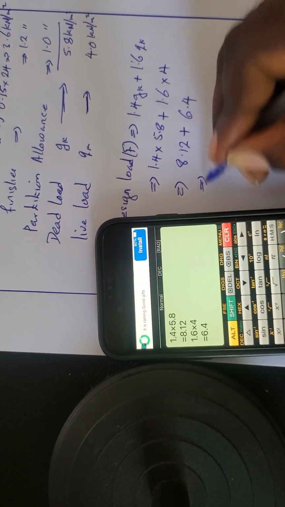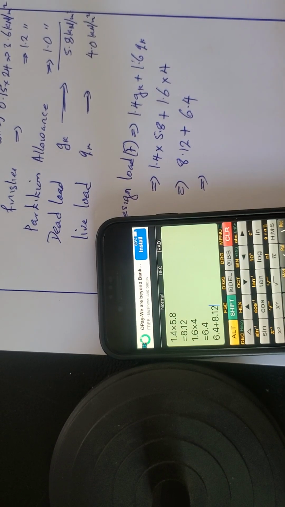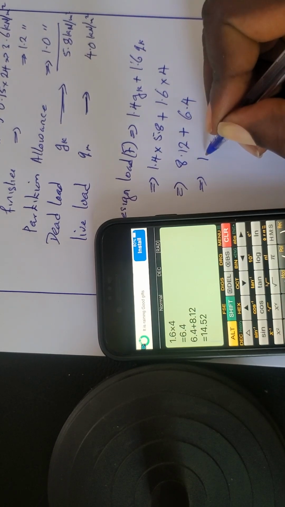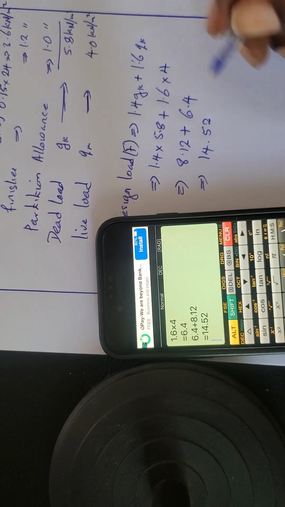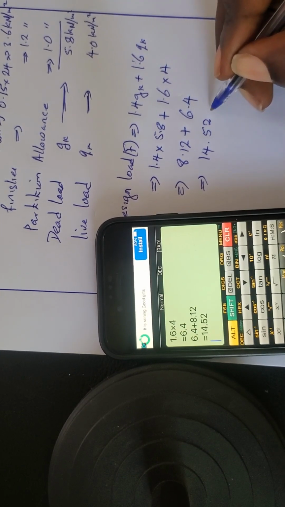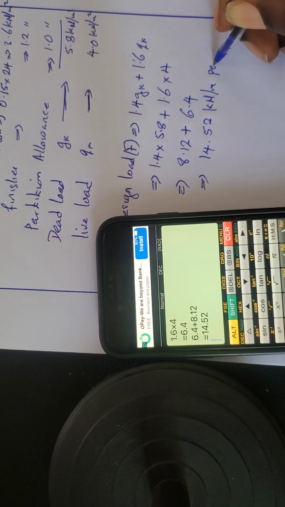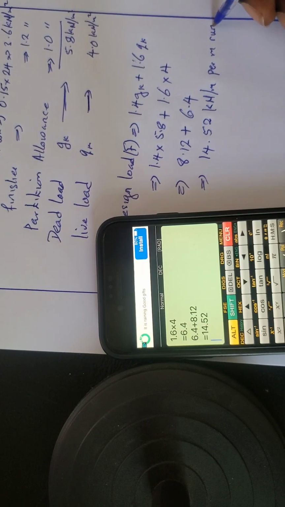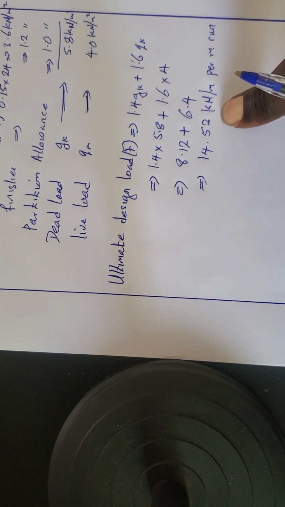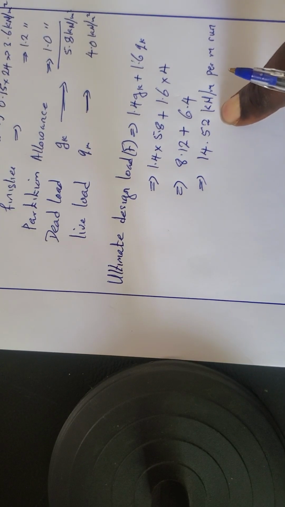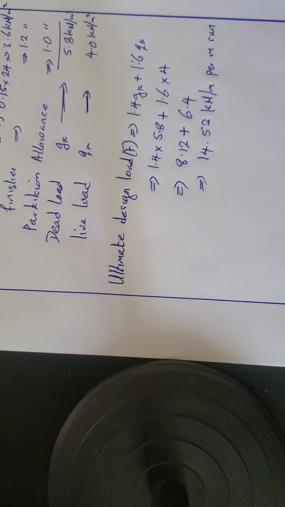So if you compute the two together, we have 8.12 plus 6.4, that will give me 14.52 kilonewton per meter run. Now, this is the load on this particular slab, panel 1. All right, this is the load on panel 1.